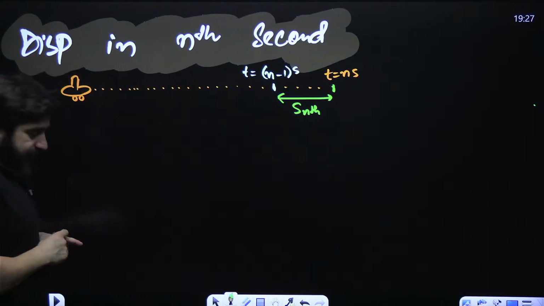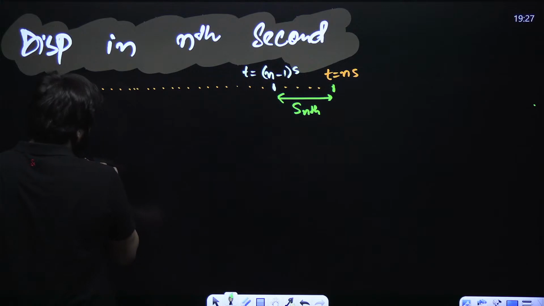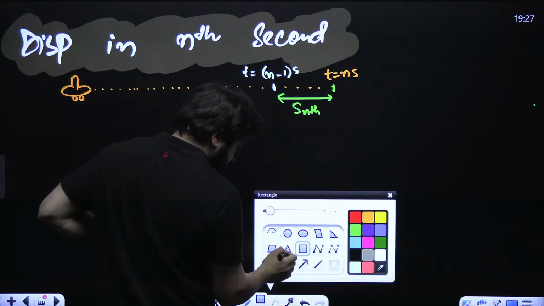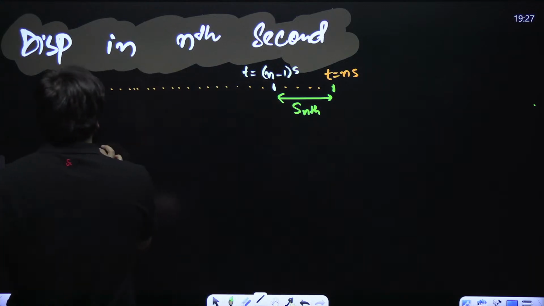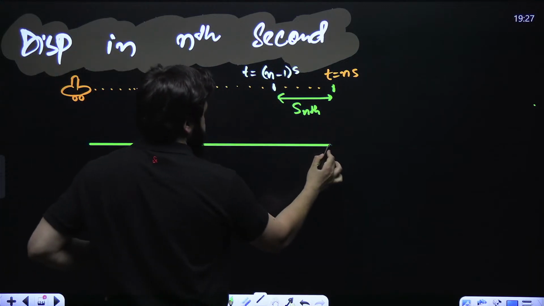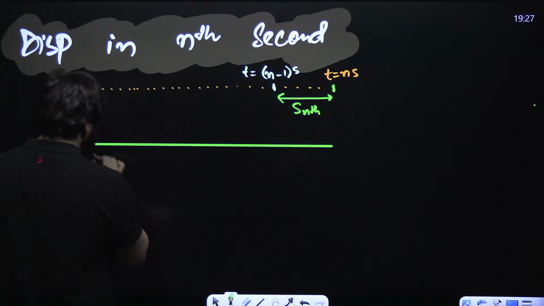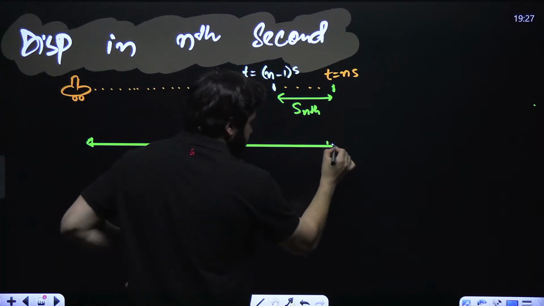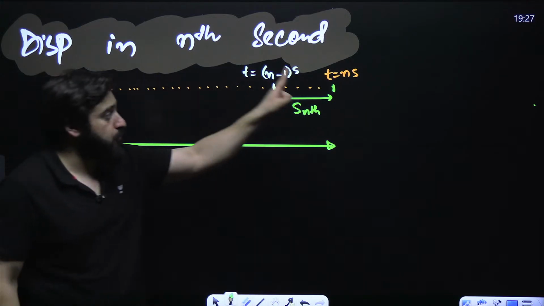Let's do one thing. First, we will find the displacement in n seconds, from here to here.